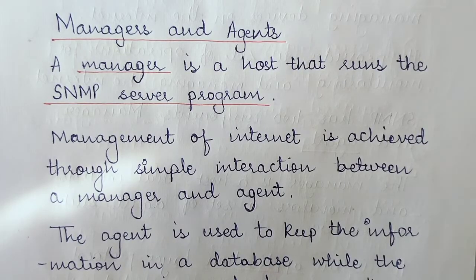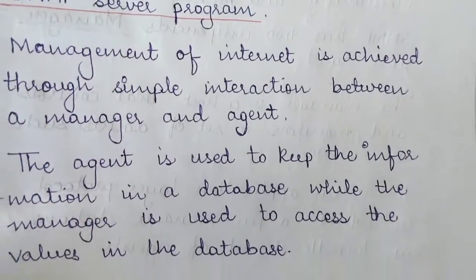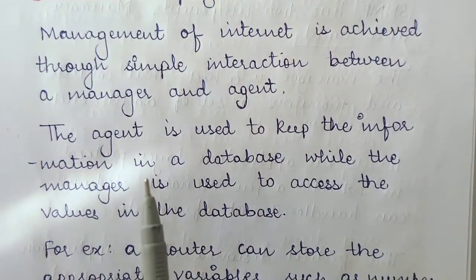So how is this management achieved? This is what it tells you here: management of these devices on the internet is achieved through simple interactions between the manager and the agent, which are the two components of the SNMP protocol. Now, what is the role of the agent?